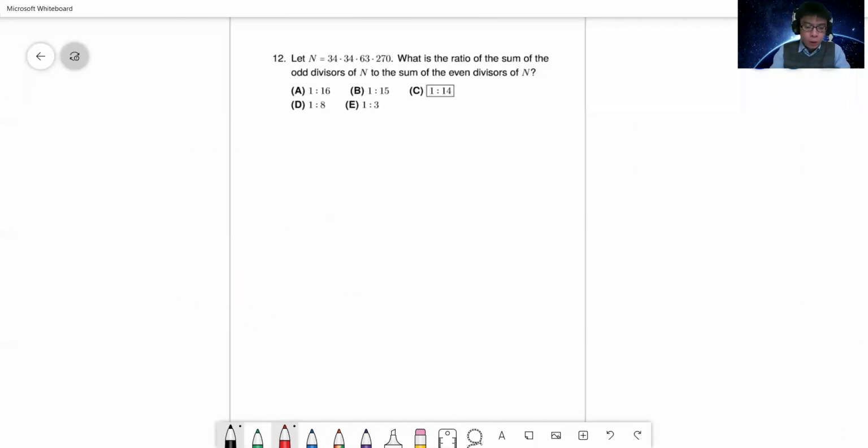Question 12. We are given a big number n. We want to find the ratio of the sum of the odd divisors to the sum of the even divisors. So let's first write n in the prime factorization in the standard form. n equals 34, which is 2 times 17. Also 2 times 17 again.